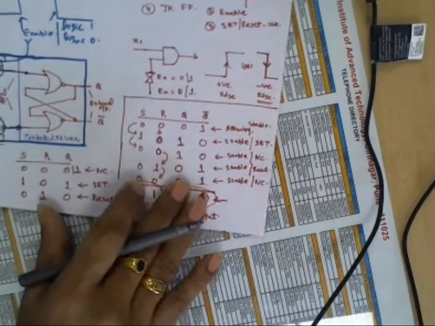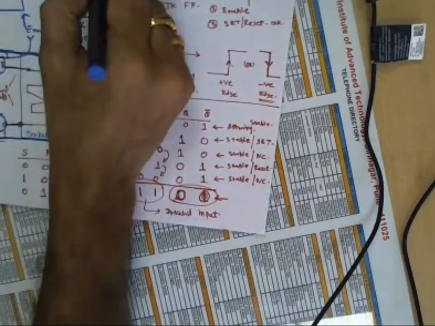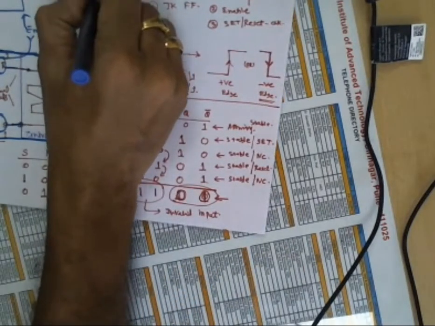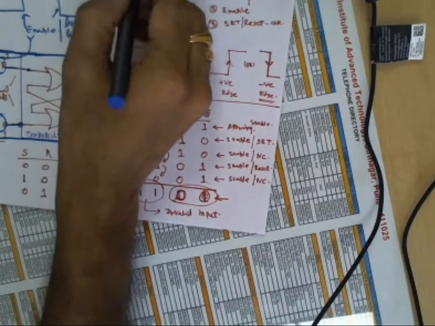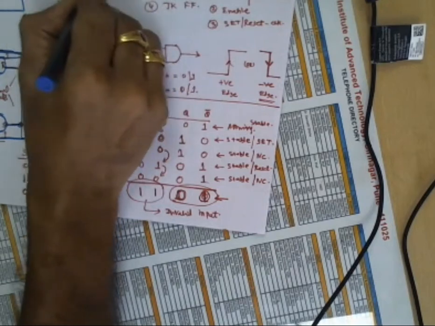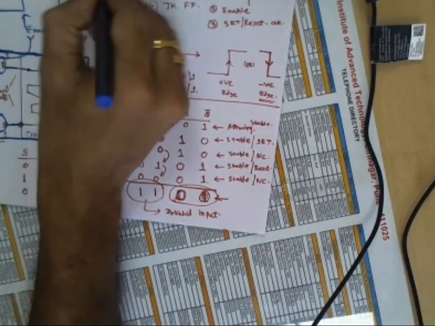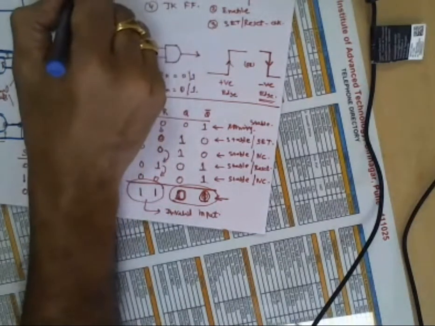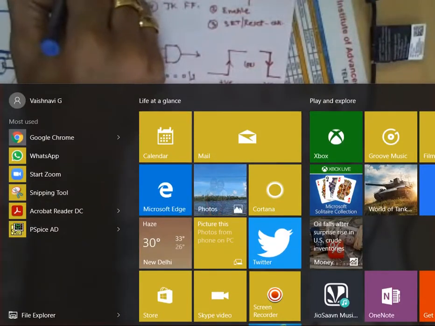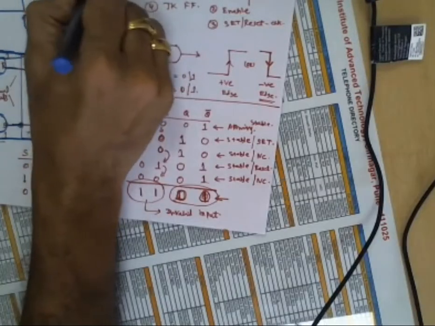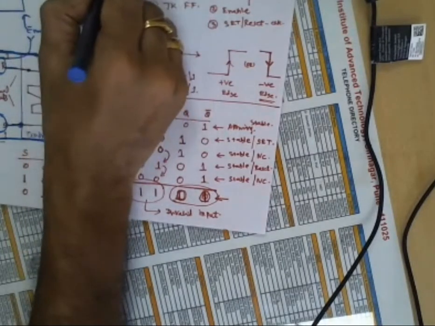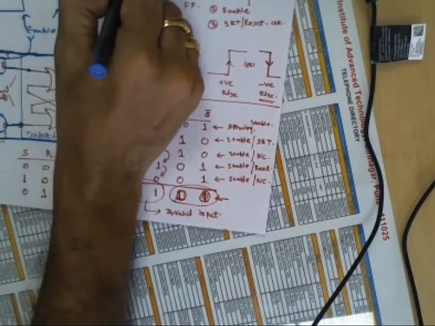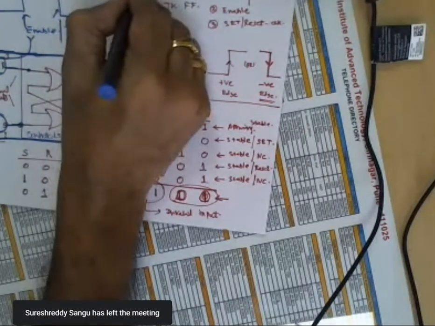So therefore, now the latch becomes something like this. This is the SR latch. SR, and then there is the enable pin. Then there is a Q and there is the Q bar.